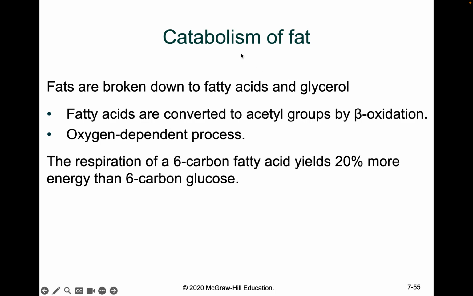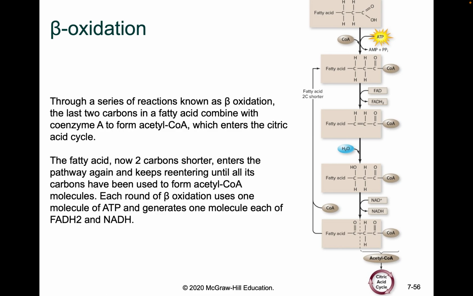What happens here is that the fatty acids are converted into acetyl groups by beta oxidation. Beta oxidation takes a fatty acid and breaks off two of its carbons to create acetyl. Then we can add a CoA to give you acetyl CoA, and that can then re-enter the citric acid cycle.